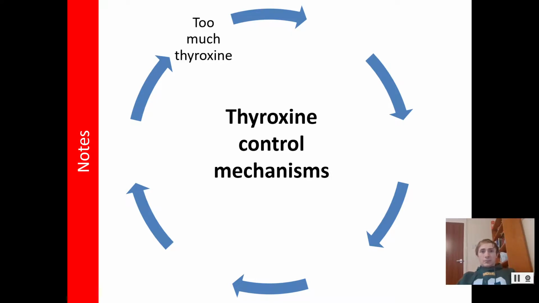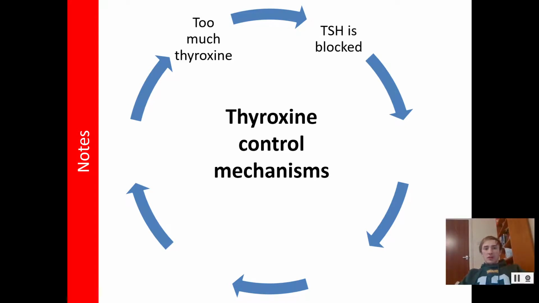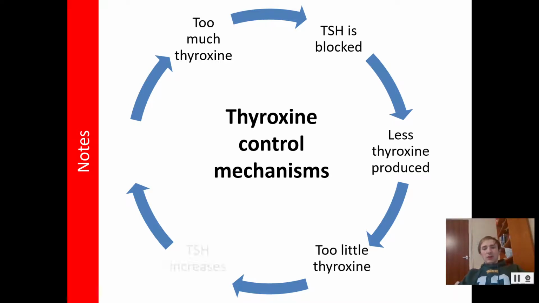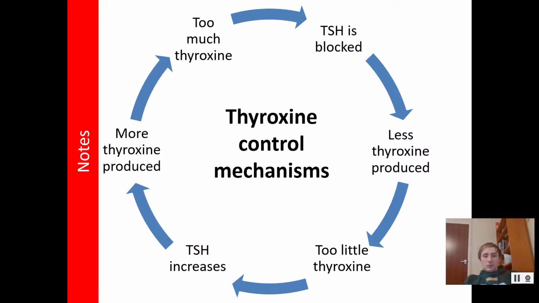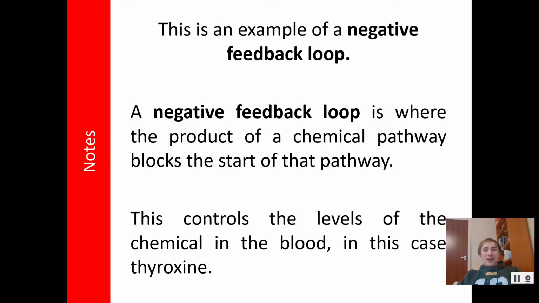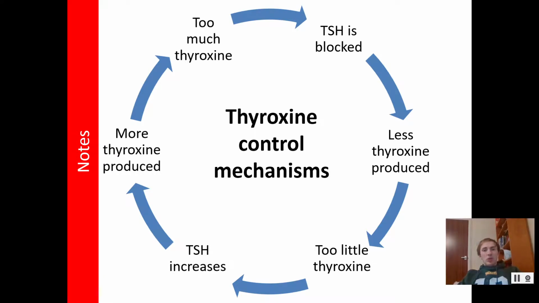Right. So again, hopefully you wrote too much thyroxine blocks TSH. So less thyroxine is produced, so you have too little thyroxine, so TSH increases, so you have more thyroxine. And this whole thing is called a negative feedback loop. Why negative feedback? Because we're having feedback where we create a chemical which then blocks the start of the chain.